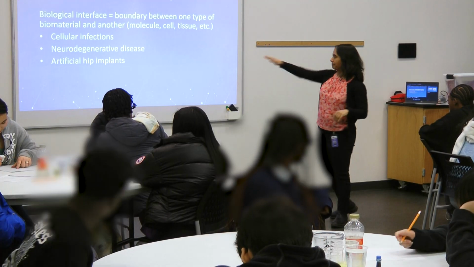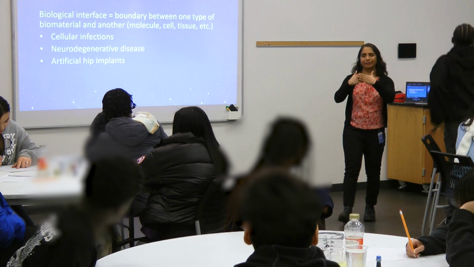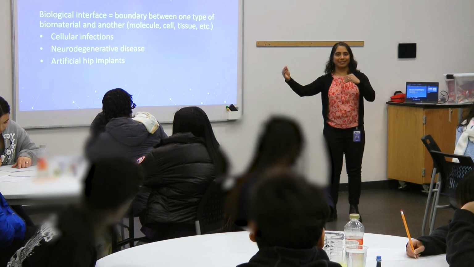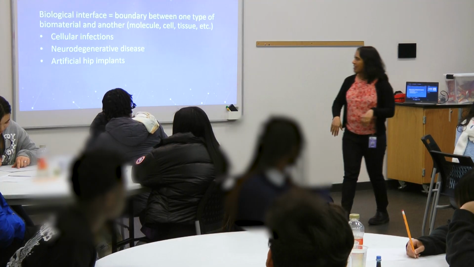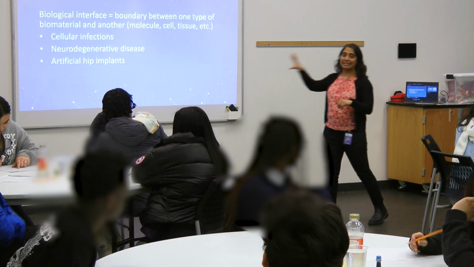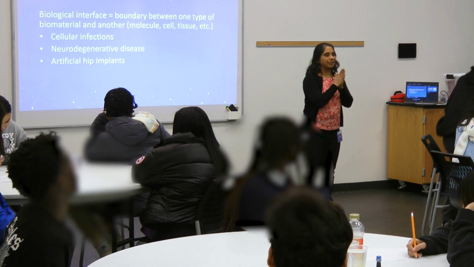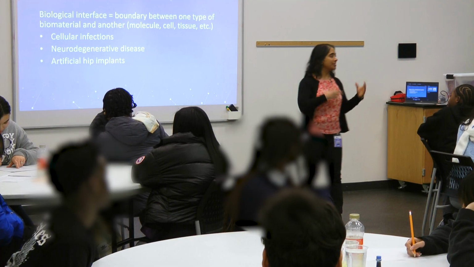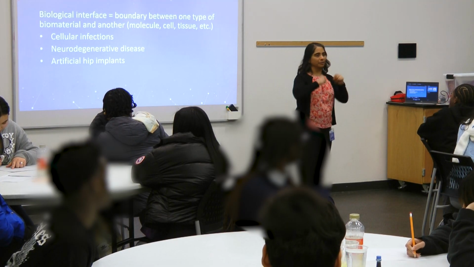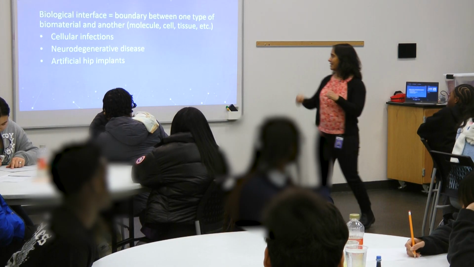So if you think about cells and infection, right? The interface between the outside of the cell and the inside of the cell and how the virus can break through. You can think about it with like brain diseases like Alzheimer's, about the interface or the boundary between the inside of the cell and the outside of the cell and how diseases pass, disease molecules and proteins can affect from one to the next cell.